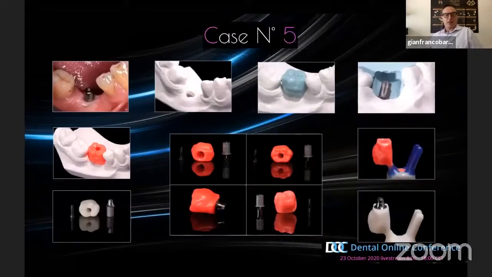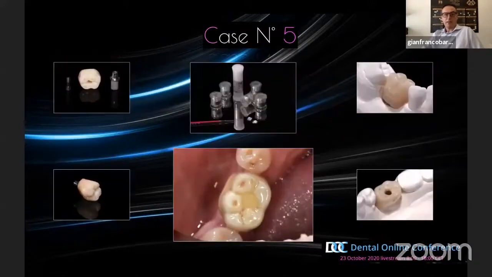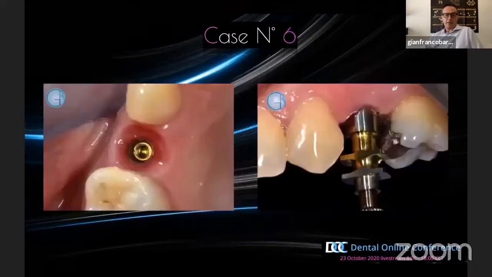Another case was made in a monolithic, always made with this kind of T-base. It was completely in lithium silicate. We made the wax-up, duplicated the wax-up with this special cannula, processed it with lithium silicate, stained it, and then put it in the mouth, easy and faster.